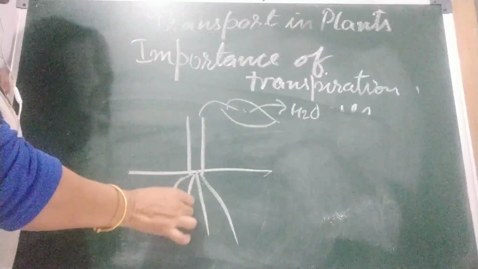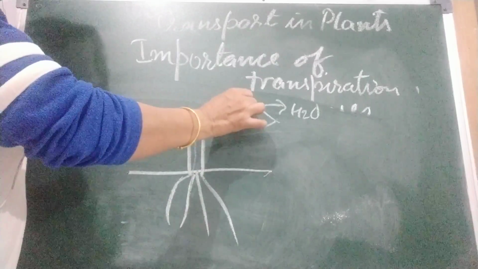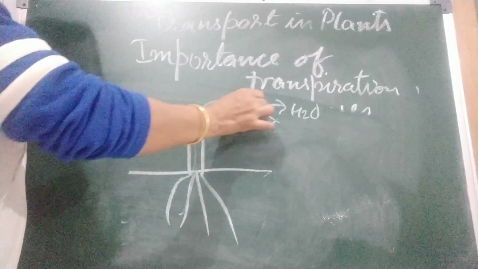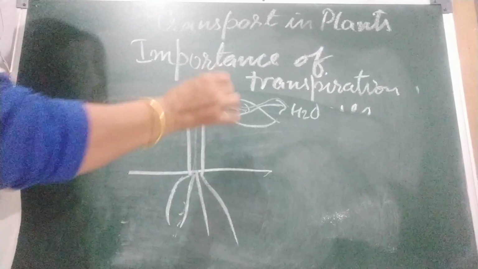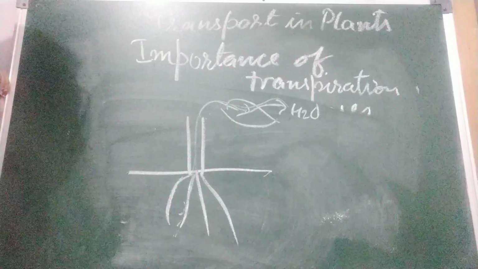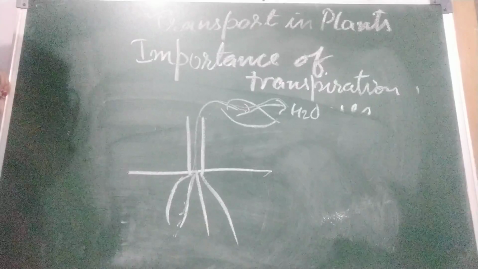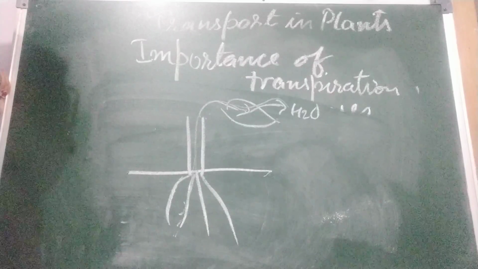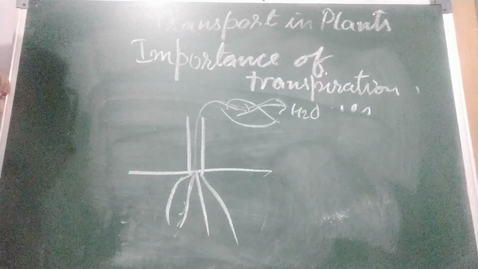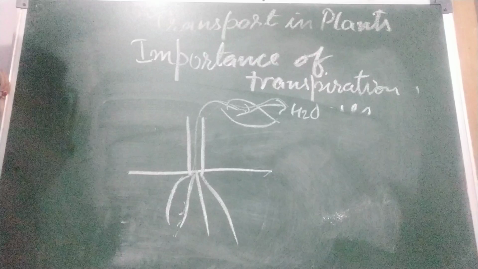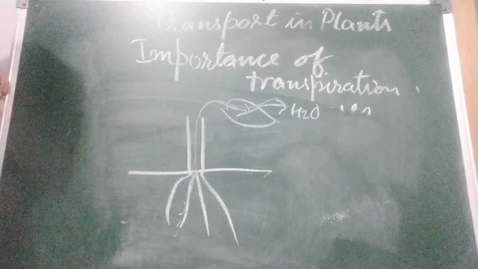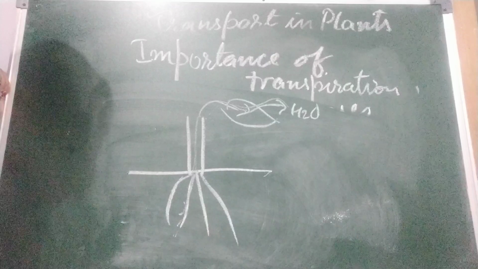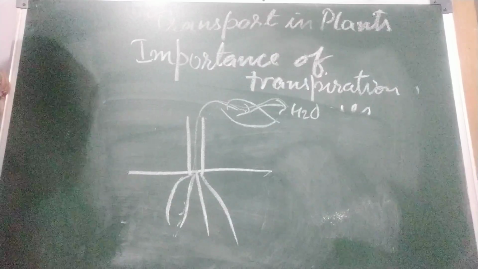Low pressure is created, so water moves and comes this way. The water is moving out, and from the root more water is coming. Like when we suck a cold drink from a straw, we suck on the upper side, so low pressure is created, and on the lower side, the drink comes up. That's all for today. Thank you, children.